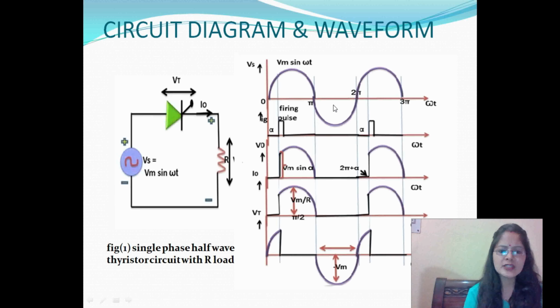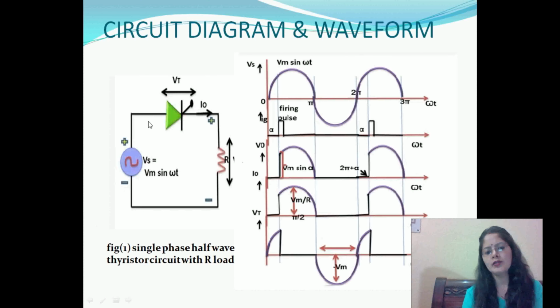The moment the supply voltage is less than 0, this thyristor will move to the reverse blocking mode, meaning this thyristor will be replaced by an open circuit.